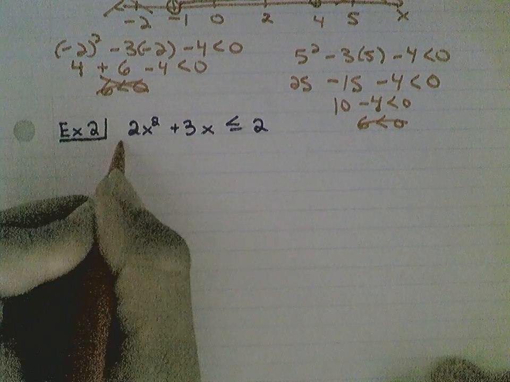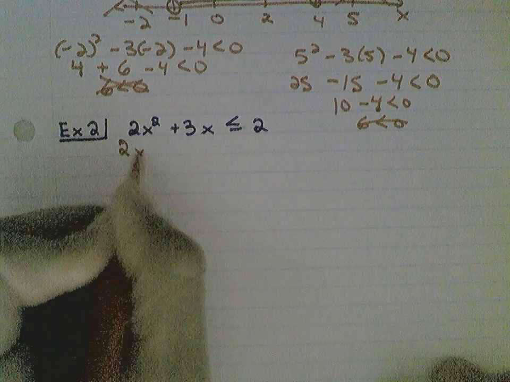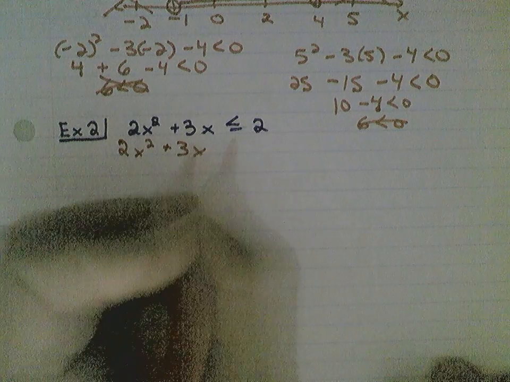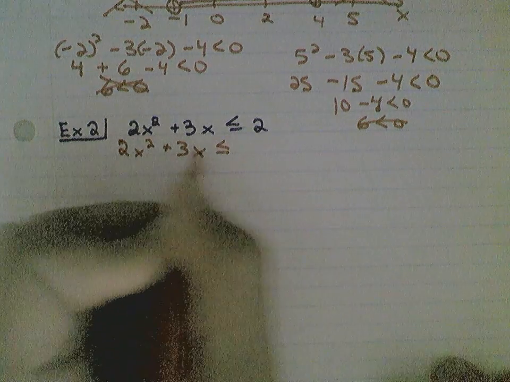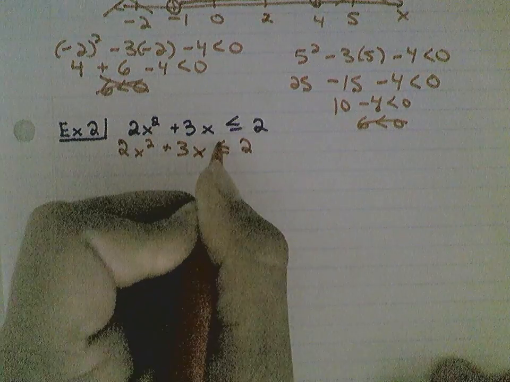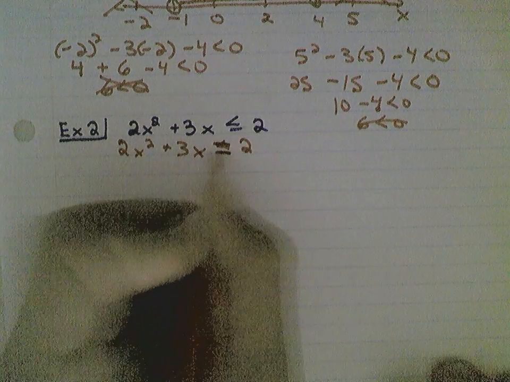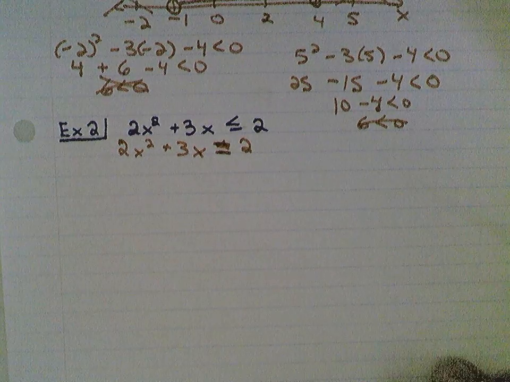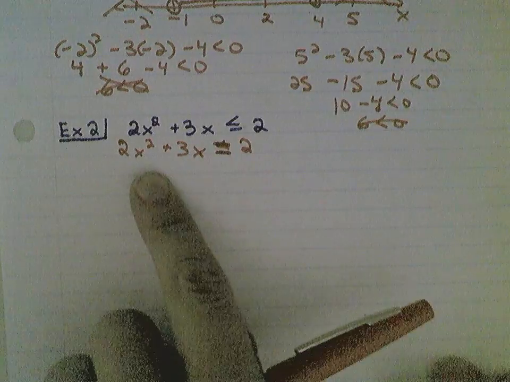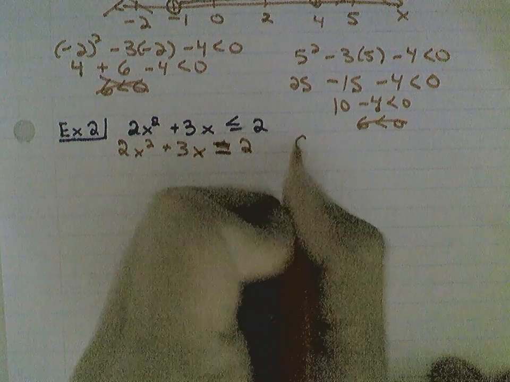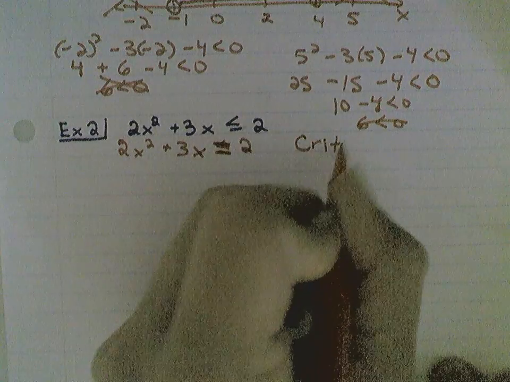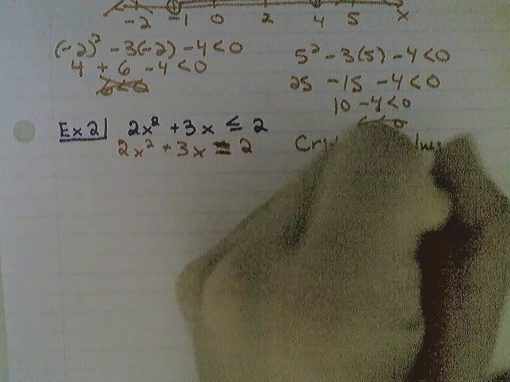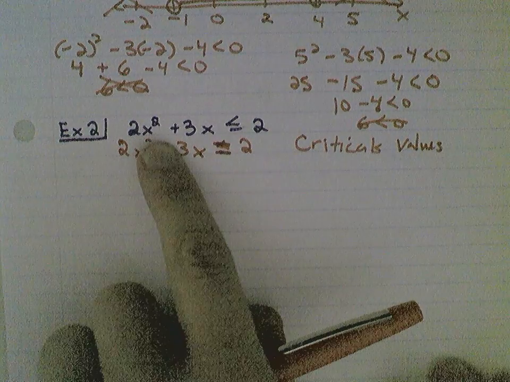So I'm going to rewrite example 2 as 2x squared plus 3x is less than or equal to positive 2, but instead of this inequality sign, I'm going to switch it to an equal sign. By solving this, I'm going to find critical values that I can use to solve the top inequality.